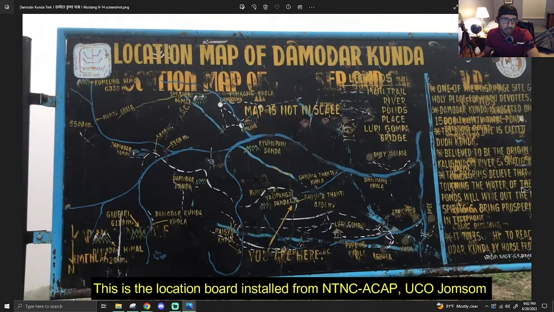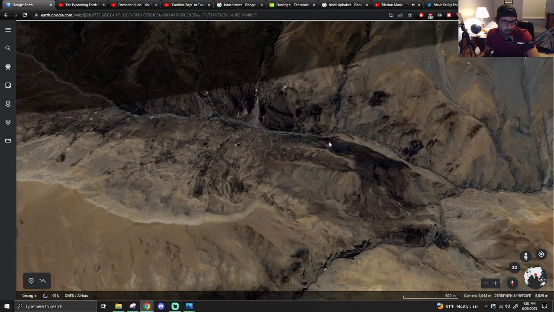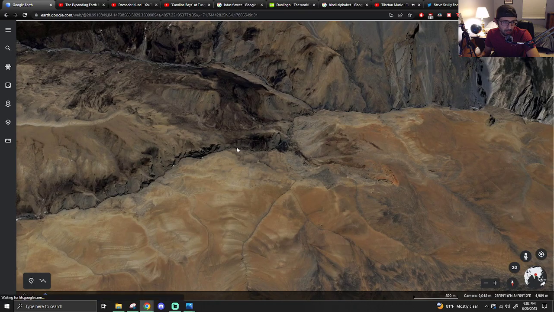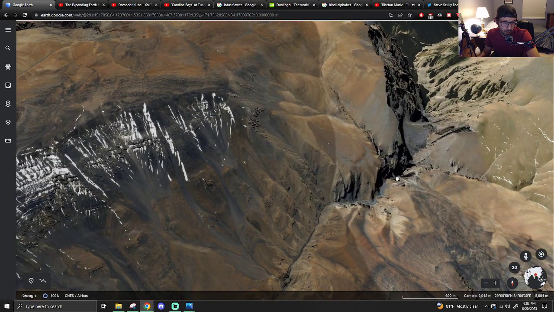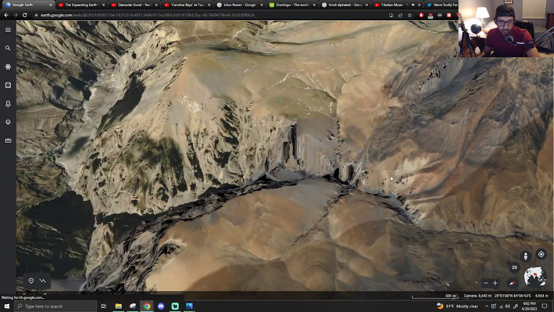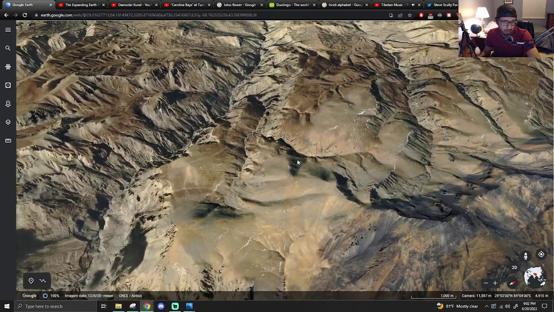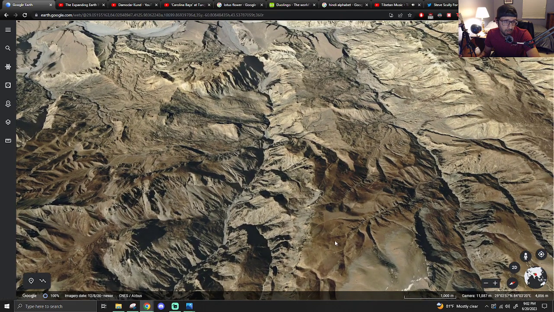So let's see. Ramp. And then the switchback is here. And then I guess there's another place to cross somewhere over here.